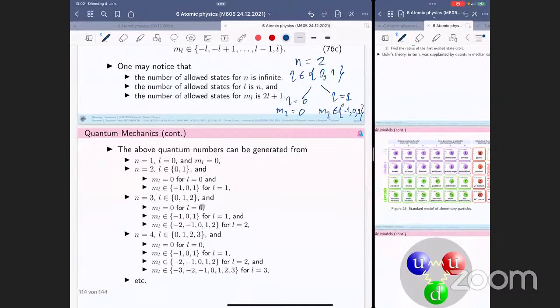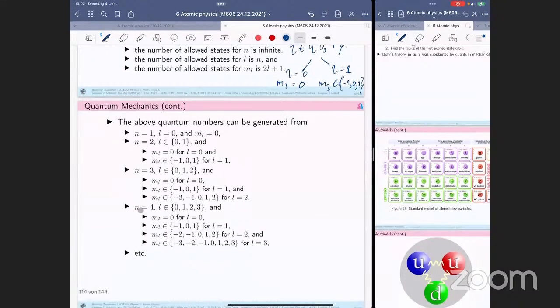And that's the thing. The possibilities of L and ML are going to be larger and larger. You can see here that when N equals 4, you could have L from 0, 1 to 3. We span L equal to 0, 1, 2, 3, these 4 cases.